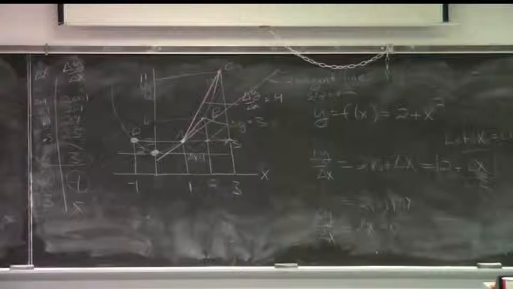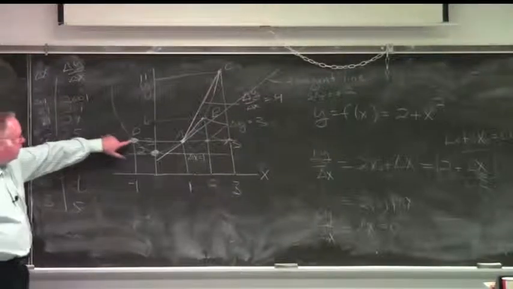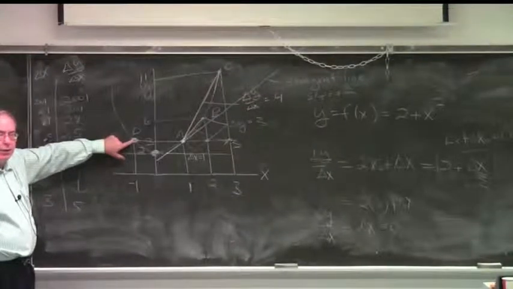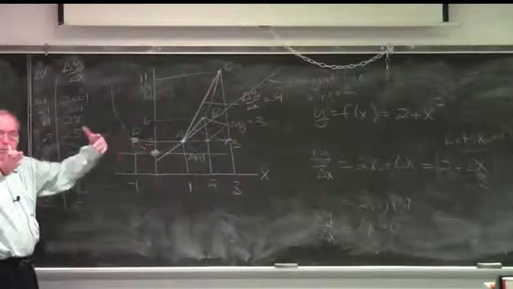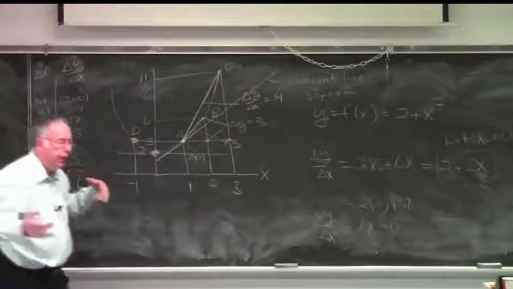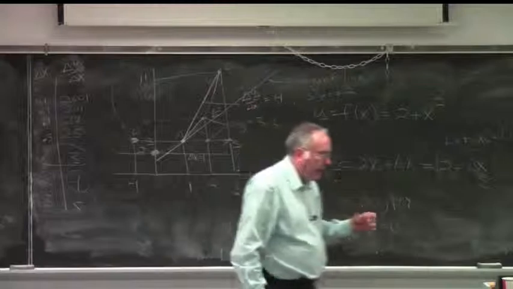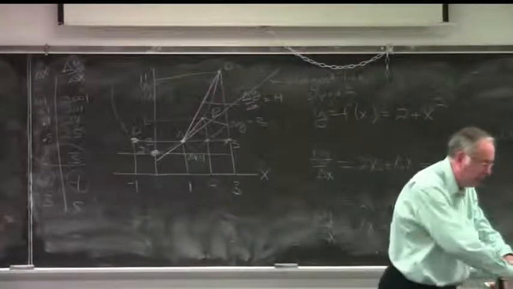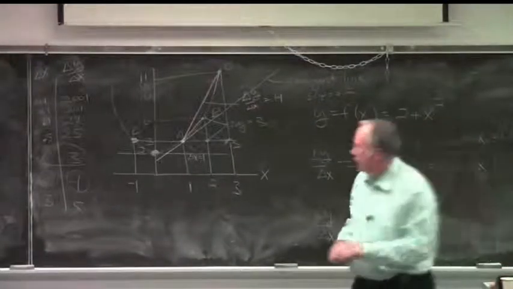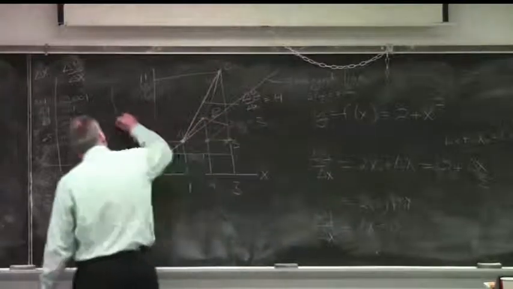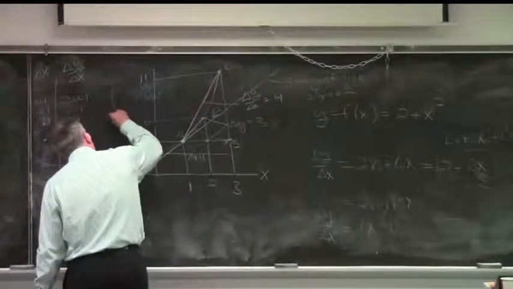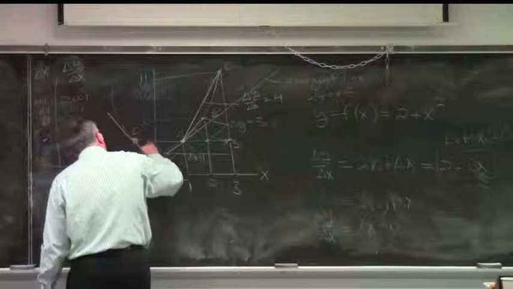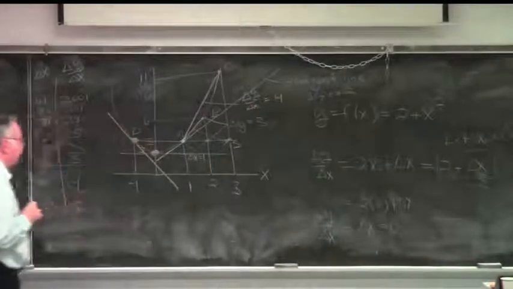What is the curve doing at point D? What is the point slope? Is the point slope positive or negative? Negative. It's downward sloping. So if you were to draw the tangent line right here at point D, it would look like this. So you can tell that the derivative's got to be negative there.